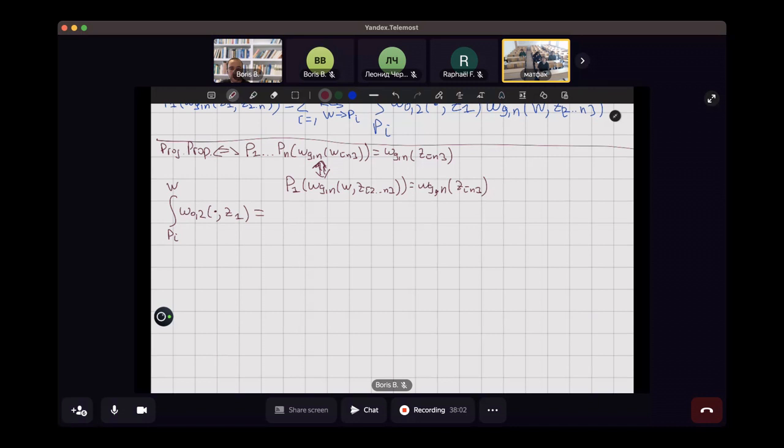If this is true in just one variable, then you just apply it iteratively and you get what's written. In the direction from downstairs to upstairs, it's completely obvious. I just wanted to write it more explicitly, and then I think it will be evident.